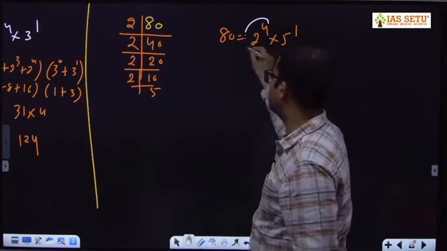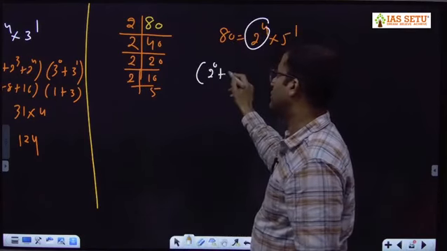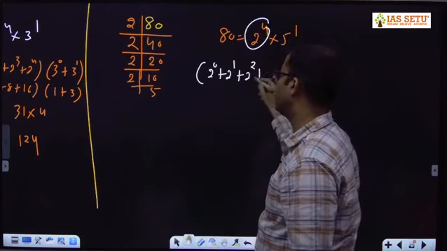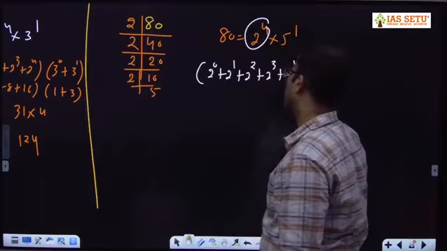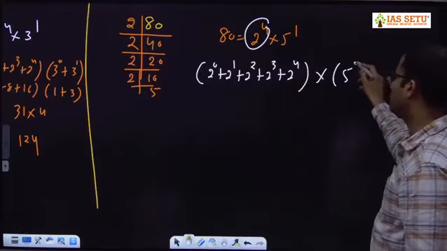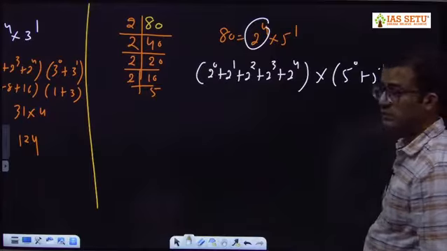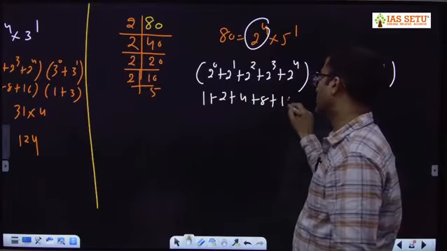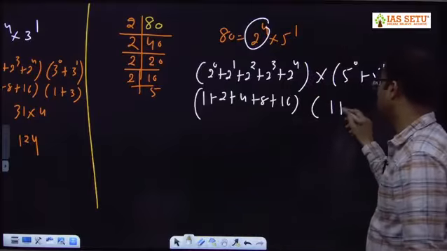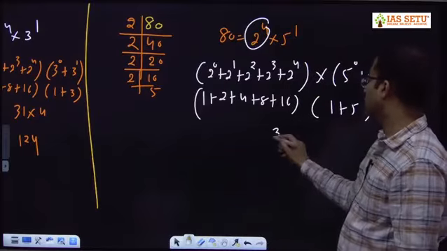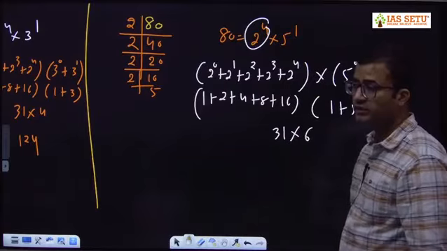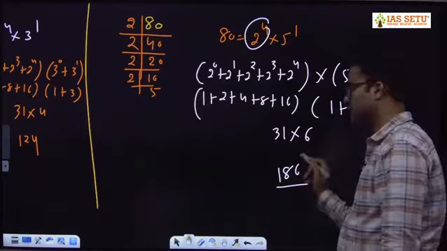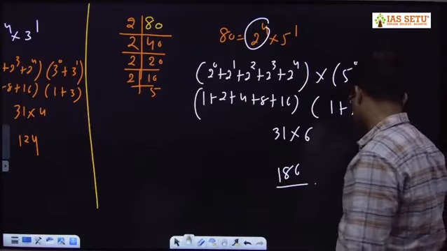So now here 2 to the power 4, bracket start, 2 to the power 0, 2 to the power 1, 2 to the power 2, 2 to the power 3, 2 to the power 4 into 5 to the power 0, 5 to the power 1. So this is 1 plus 2 plus 4 plus 8 plus 16 multiply with 1 plus 5. So it is 31 into 6. What is 31 into 6? 186. Try one more question.